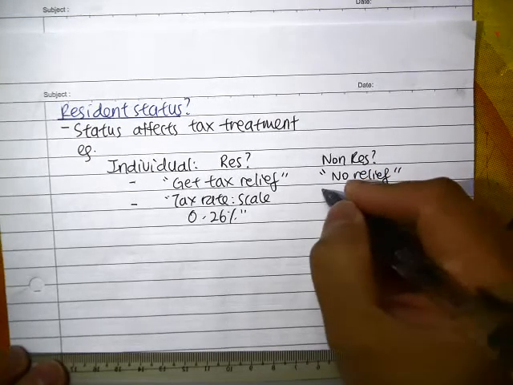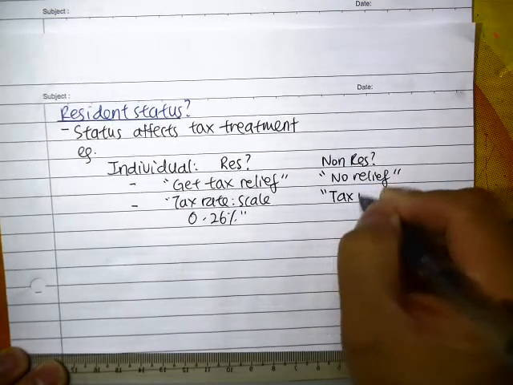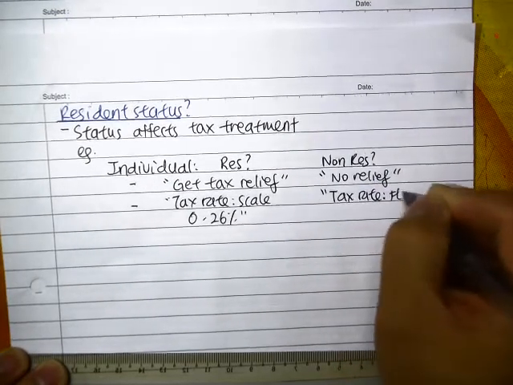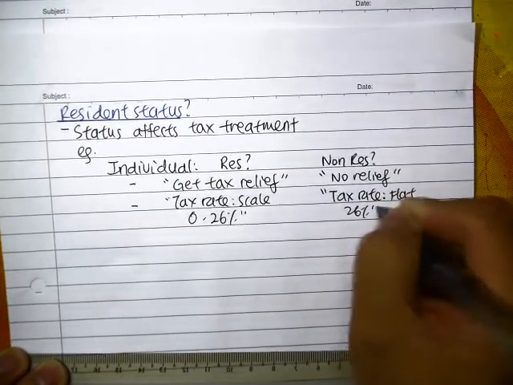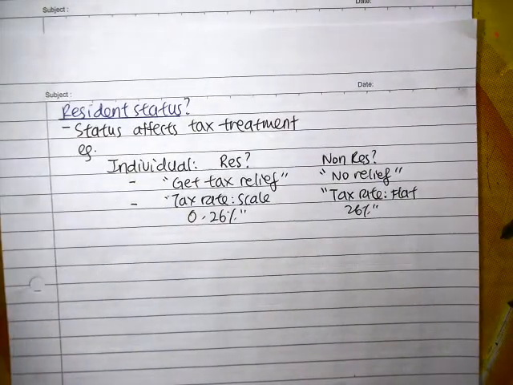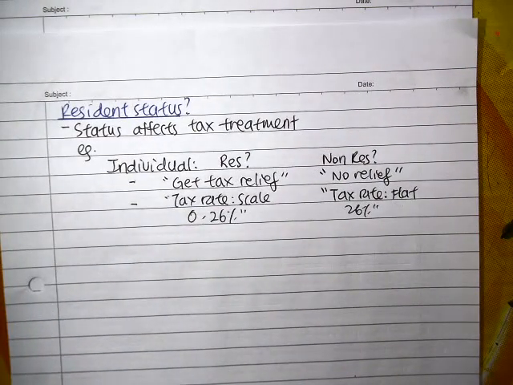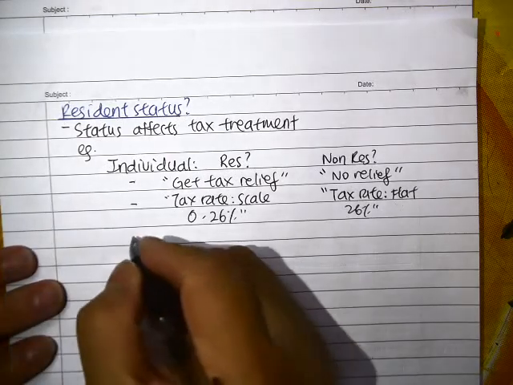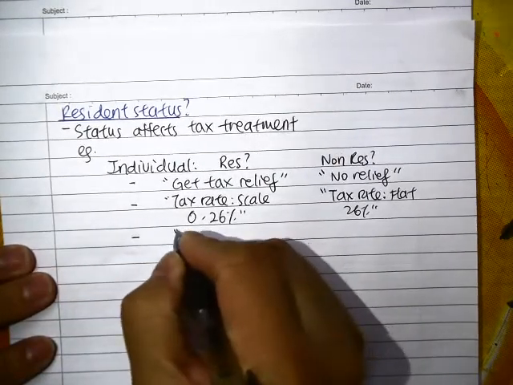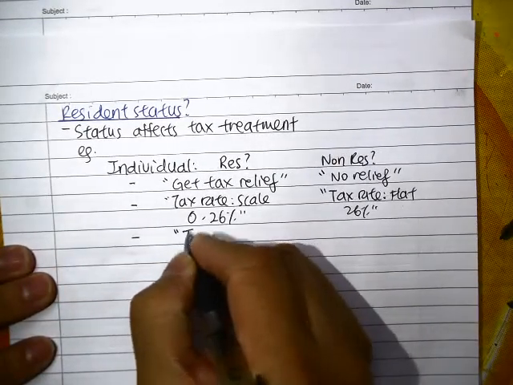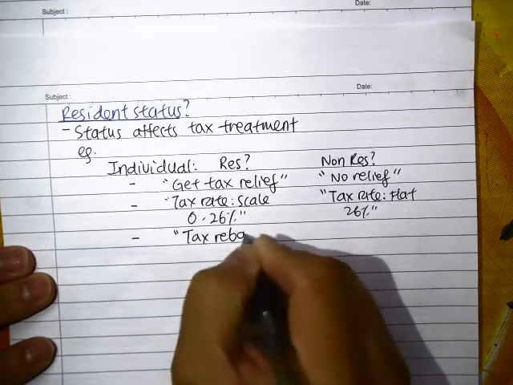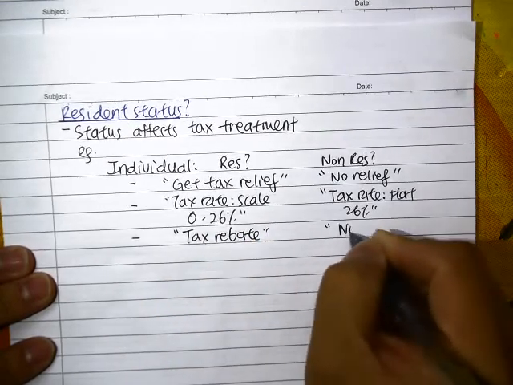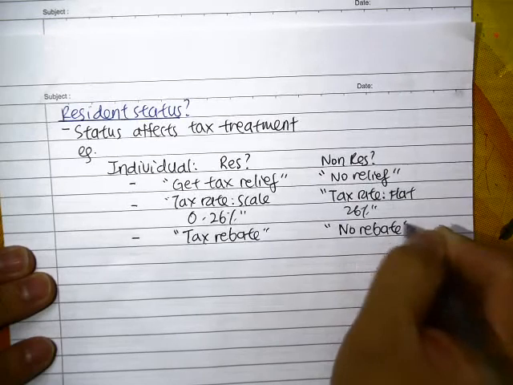Whereas for a non-resident, your tax rate is flat 26. So regardless of how much you're getting, you just pay 26%. Another example that you know so far is that a resident will get tax rebate, whereas a non-resident will not get rebate.